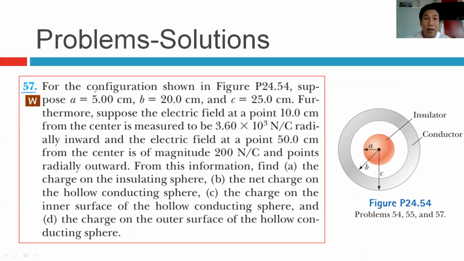They provide us the configuration shown in figure 24.54. Furthermore, suppose the electric field 0.10 centimeter from its sensor is measured to be 3.6 multiplied by 10 to the power 3 newtons per coulomb.